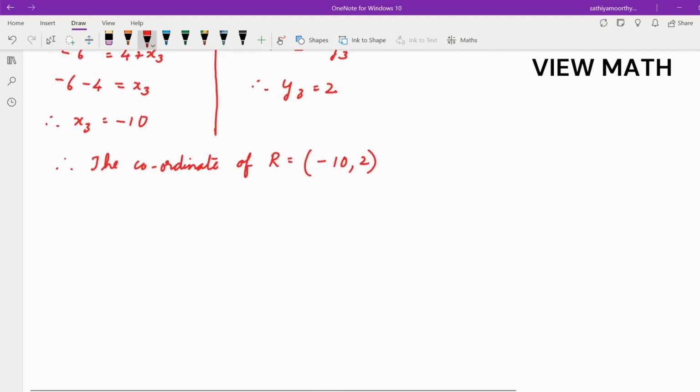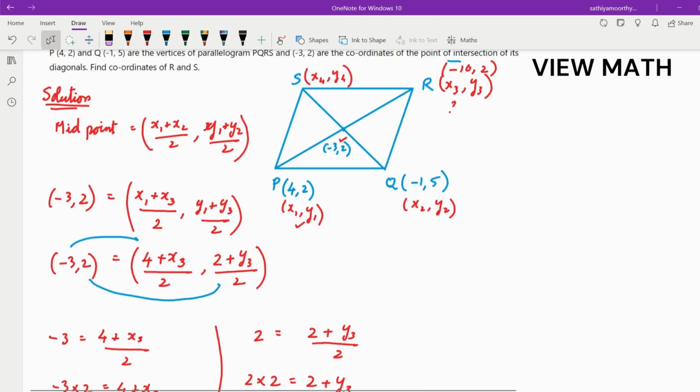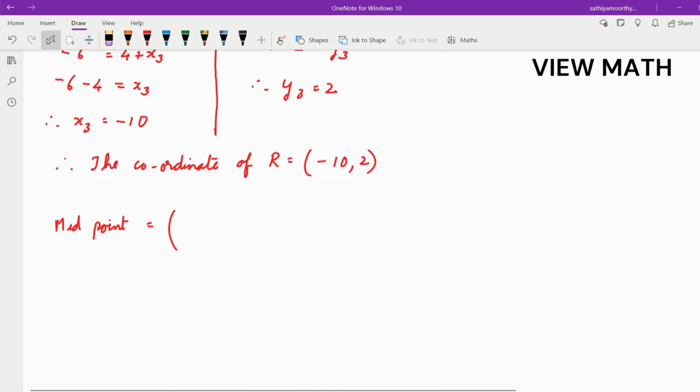Okay. Now let me write the midpoint. Here I have taken x2 and y2, x4 and y4. So I'm writing the formula with our coordinates: (x2 plus x4) by 2 comma (y2 plus y4) by 2.